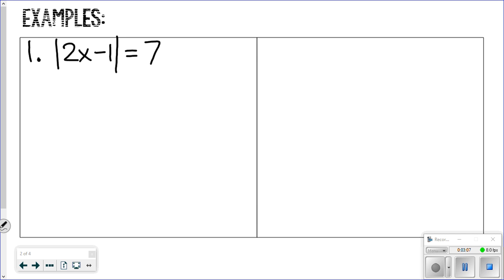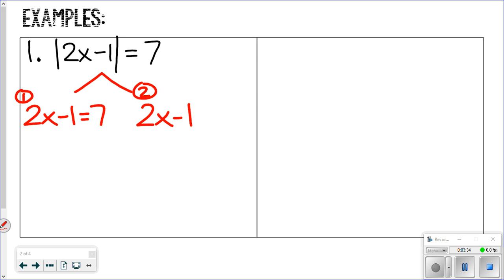So all we have to do is break this up into our two equations. Okay, so my first equation, what we would do is we just drop our absolute value bars. So I'm going to write 2x minus 1 equals 7. And my second equation, I'm going to do the same thing, get rid of the absolute value bars.